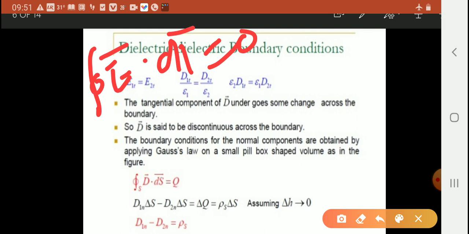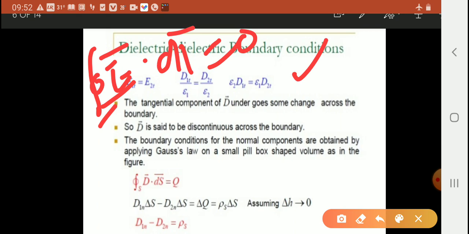So E1t equals E2t. That is, D1t upon permittivity E1 equals D2t upon permittivity E2, so D2t equals E2 over E1 times D1t. This is the tangential component of D, which undergoes some change across the boundary, so D is said to be discontinuous across the boundary.